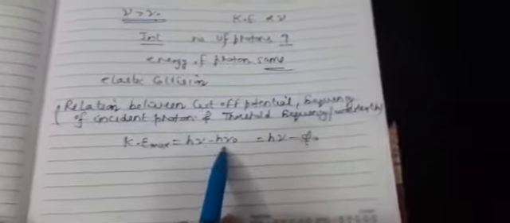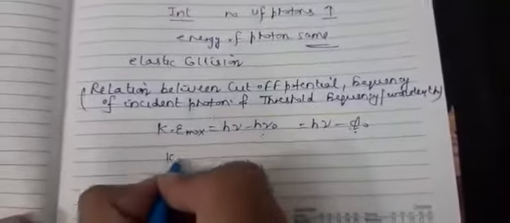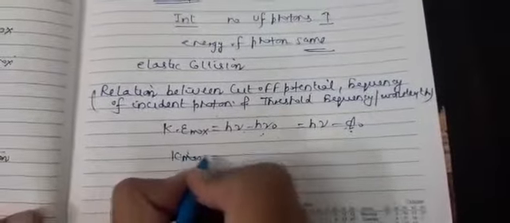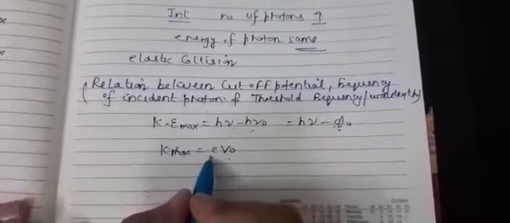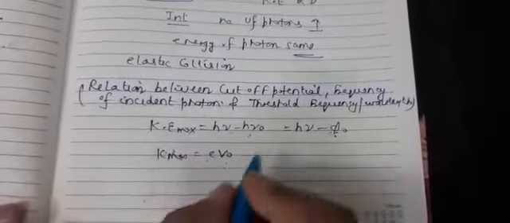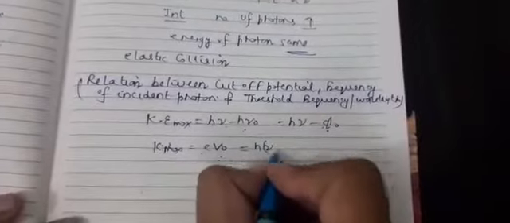Now from here, kinetic energy is also equal to eV naught. V naught is the cutoff potential, e is the charge. So from this equation, h(nu minus nu naught).